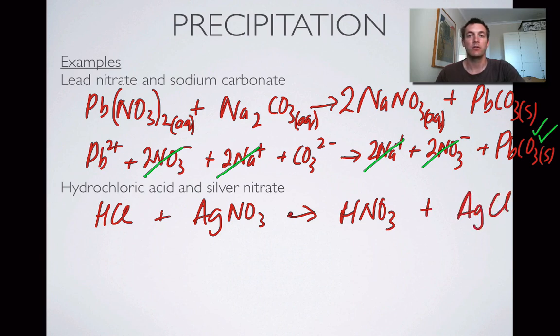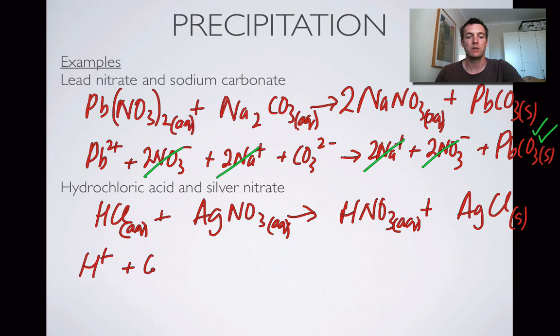We can look up now on our data sheet what's soluble and what's not. All nitrates are, okay? And all acids are as well. But AgCl is a chloride that isn't soluble, so it's going to form a solid or a precipitate. What are all the ions here?